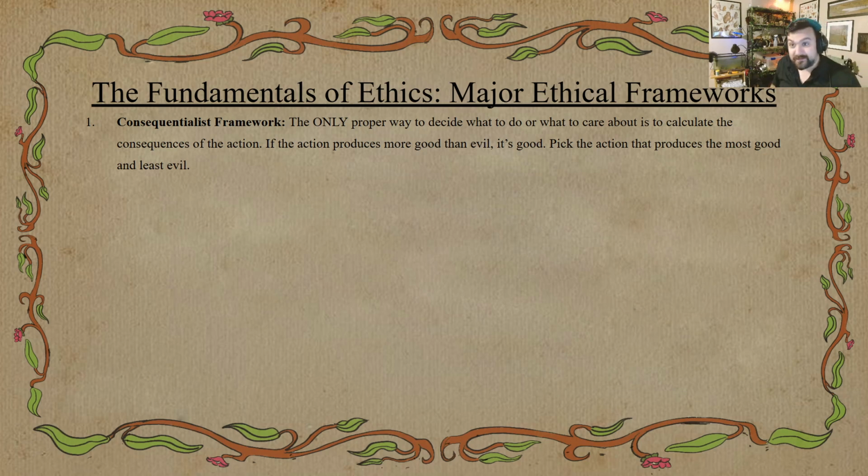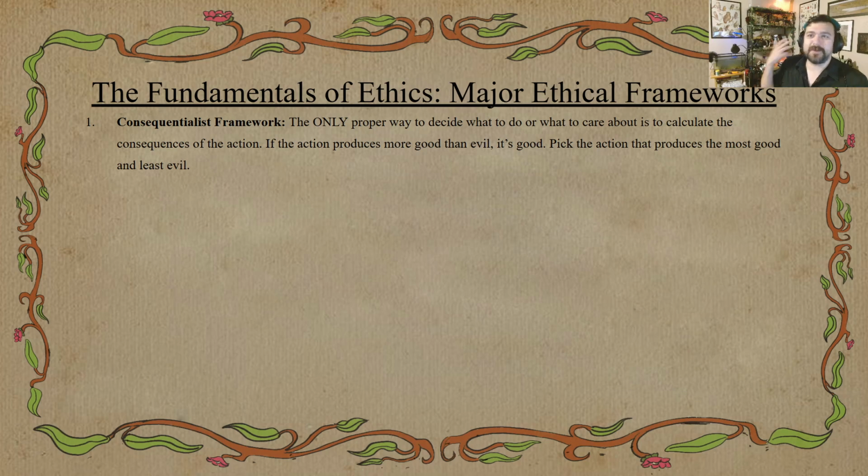Some will go the complete other way, though, and say there are so few good things and so few truly evil things that we can list them on one hand, and you should calculate those. So again, the consequentialist framework is a very broad way of thinking. It's basically the simplest decision criteria you could give.